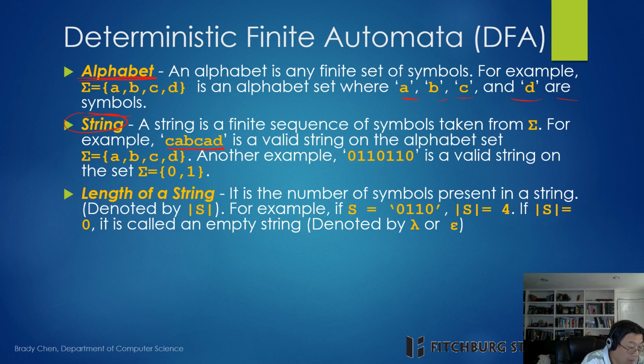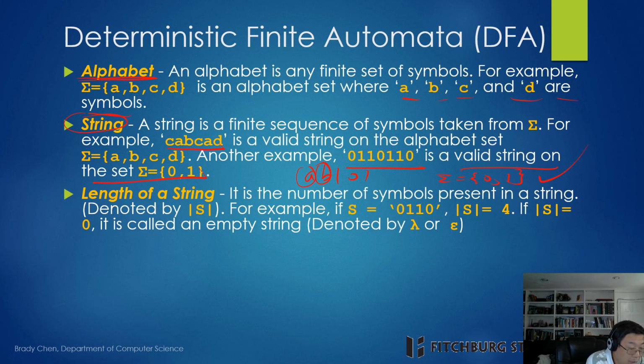Now here's another example. 0110 is a valid string on the set sigma equals {0, 1}. We cannot write AB101 out of the set sigma equals {0, 1}, because A and B are not valid symbols in this sigma.